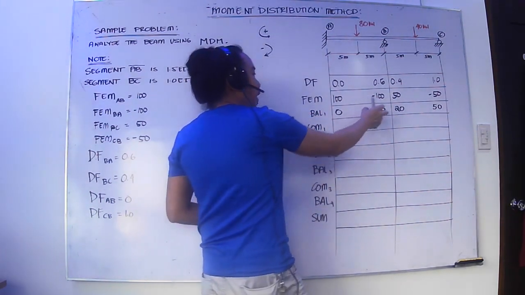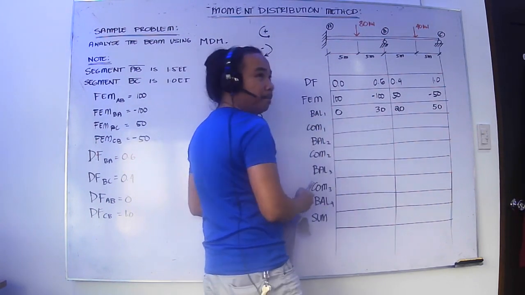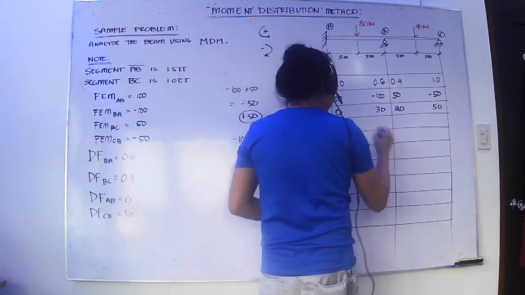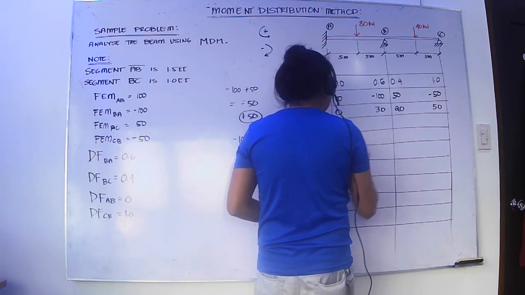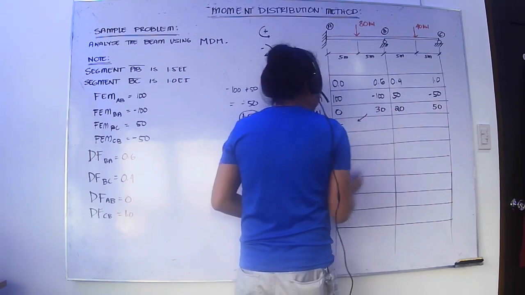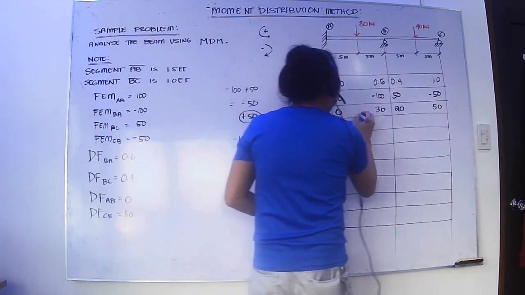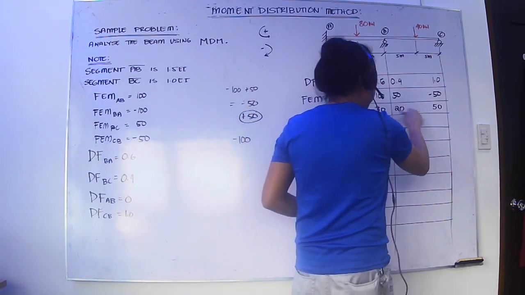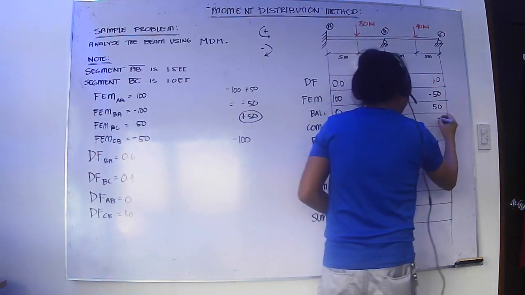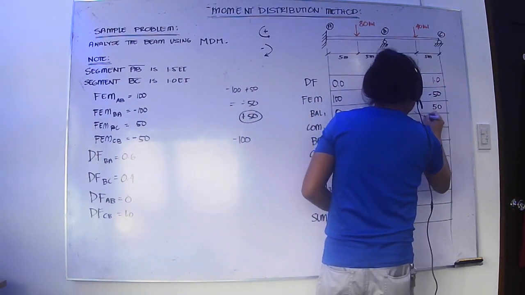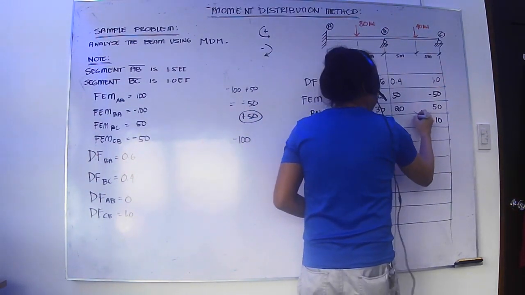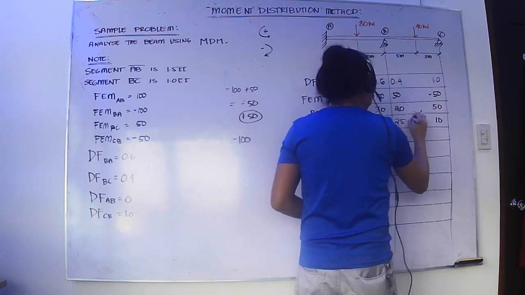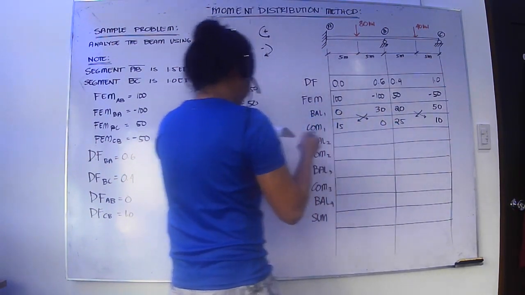So, 1/2 of 30 is 15. 1/2 of 0 is equal to 0. Now, 20, 1/2 of 20 is 10. 1/2 of 50 is 25. So, you have something like this.